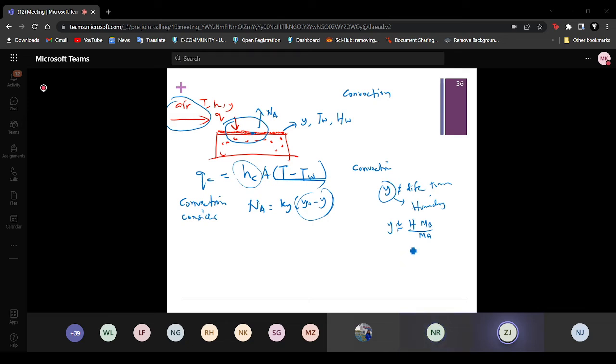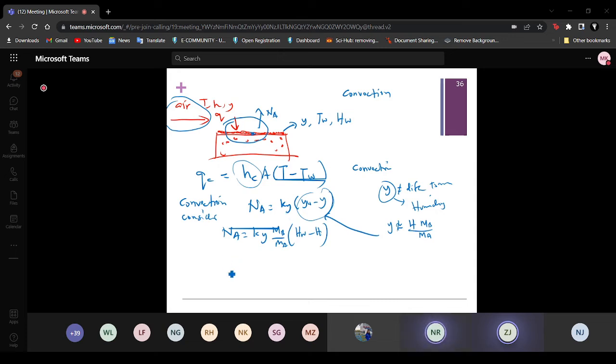Okay, MB over MA. So you just replace it here. So what happened? NA becomes KY MB over MA times (HW minus H). Basically you replace both, and then you just take out MB over MA here. They are sharing the same.